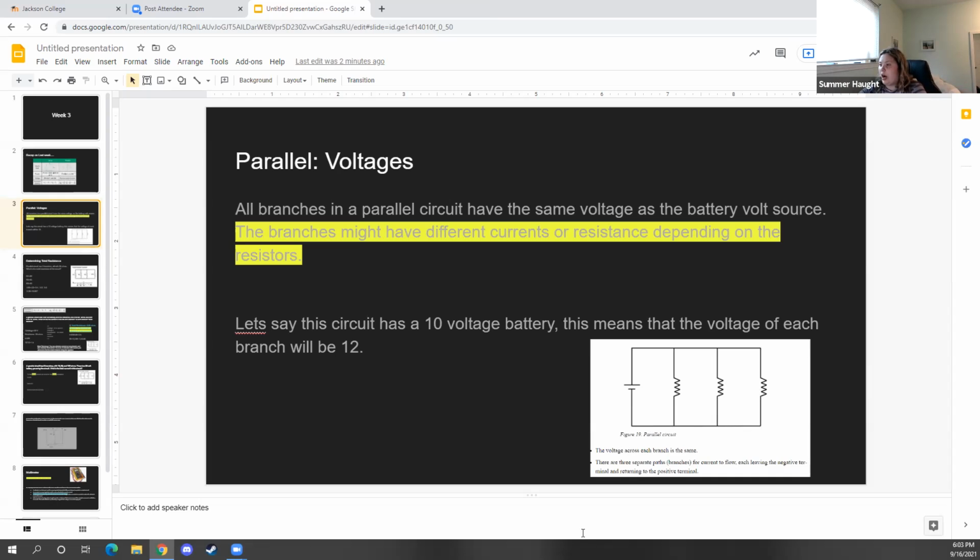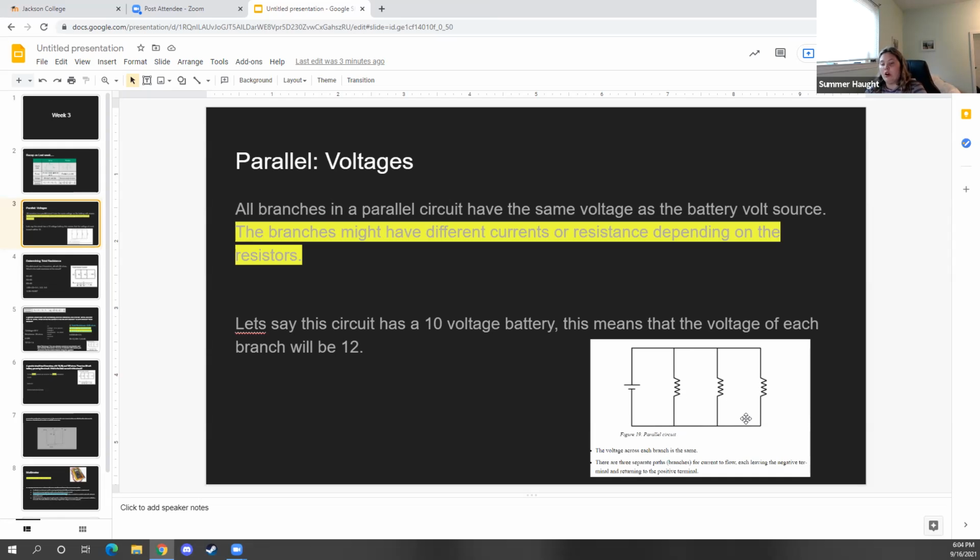The other important thing here is that all of those branches are just pathways that current flows through, because current is electrons flowing through a circuit. All of these different branches might have different currents or resistances depending on the resistors, and the resistors are what impacts current.